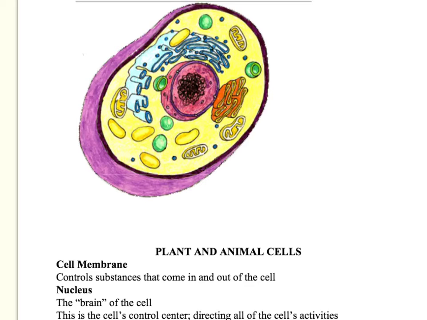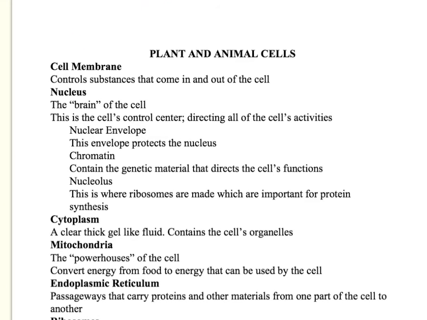Okay? So we talked about the parts, let's look at the functions for a second. So the cell membrane, like I said, is found in both structures. It basically controls things that go in and out of a cell. It's like a security guard at our front gate.